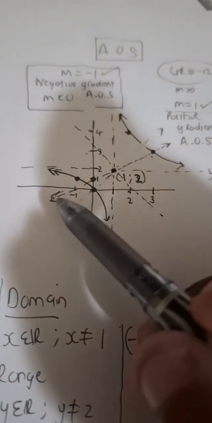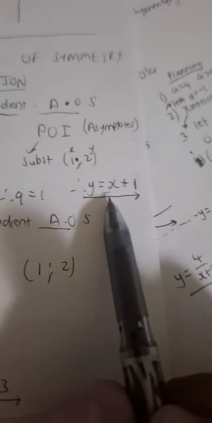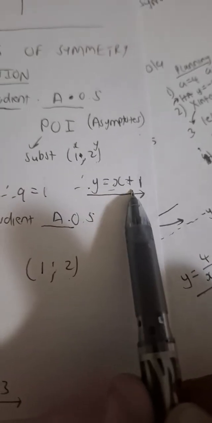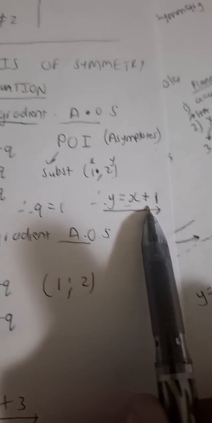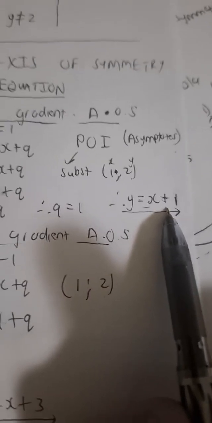Now, I want to look at another interesting question. I hope now we are all clear about how to find the equation of the axis of symmetry, and after finding it, how sketching it becomes easy. If we draw the straight line y is equal to x plus 1, we need the x-intercept and the y-intercept of that function.